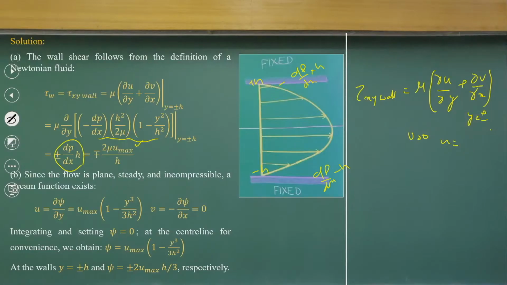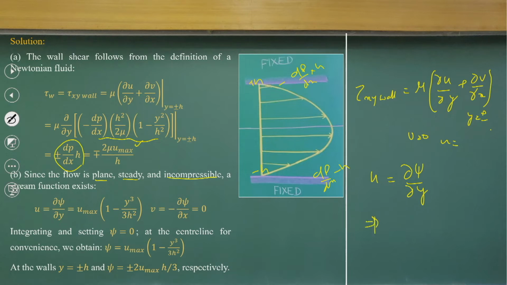Now, if I look at it as a plane, it is a 2-dimensional plane flow. So, it can have a stream function. We can get the stream function because it is a 2-dimensional flow, and the flow is steady and incompressible. So, you know the definition of u.